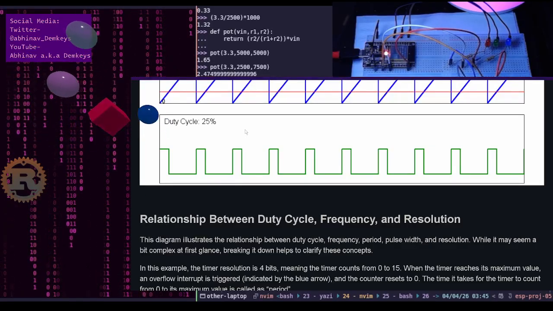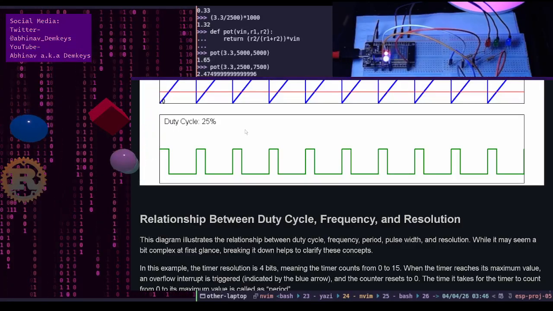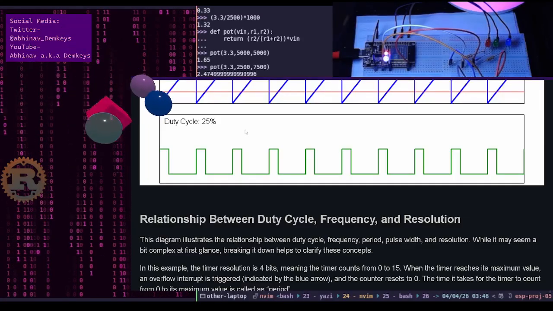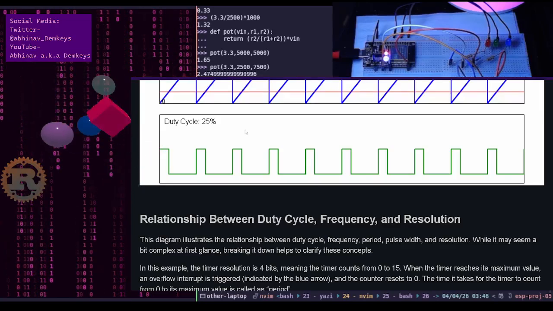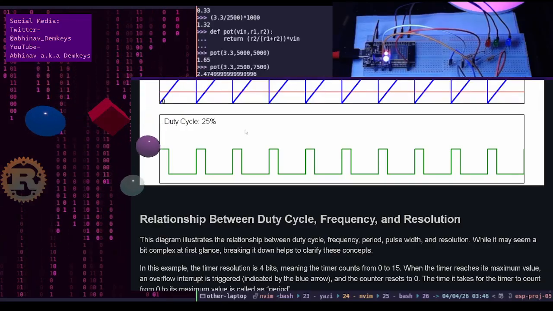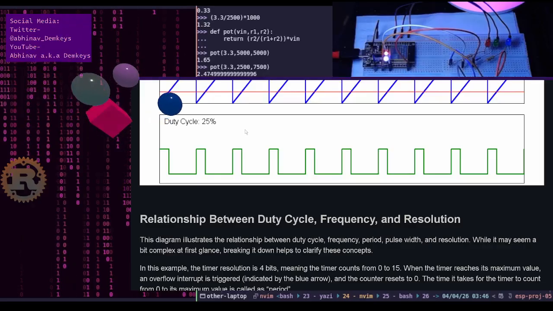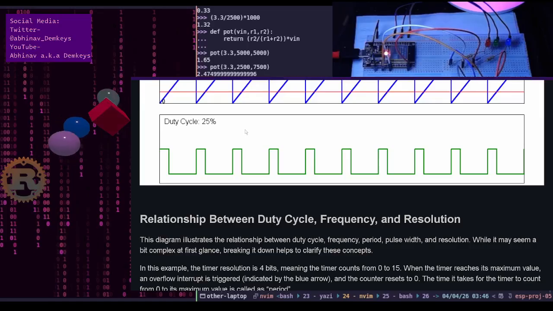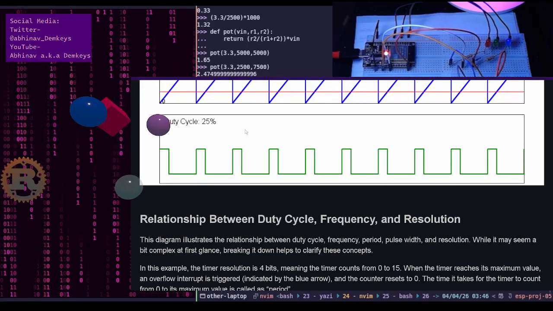I am confused about something though. You mentioned that the period determines the frequency, but if the period only represents one on-off cycle, how exactly is it determining the frequency?